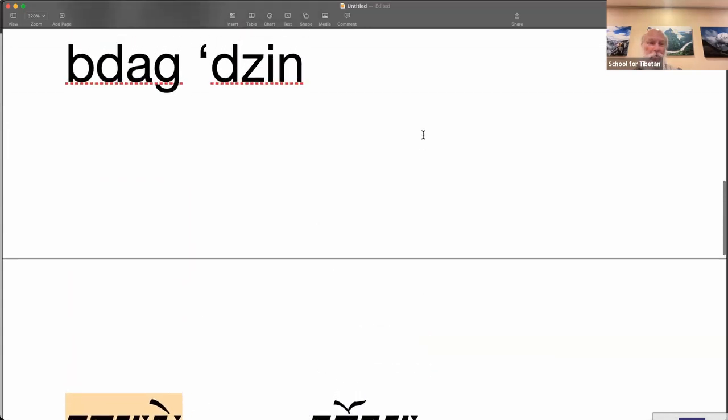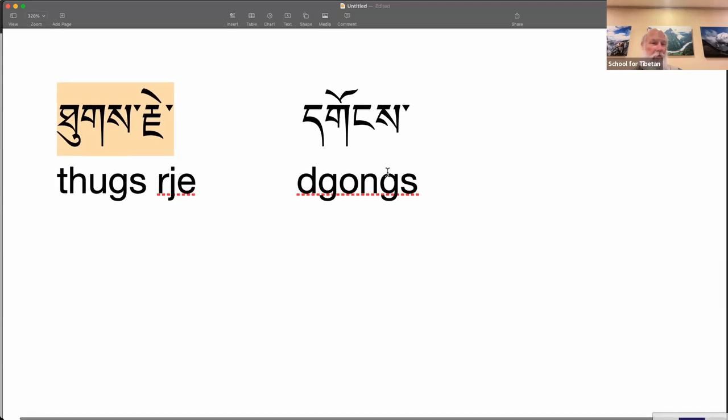And in fact, I think this is one of the most important, most rewarding aspects of the Tibetan language that are interesting to explore: really words.